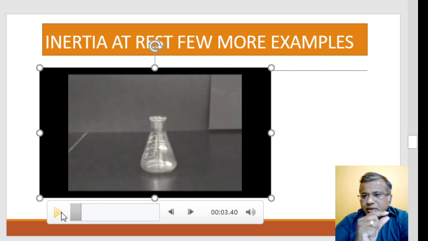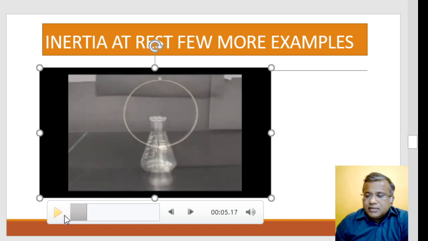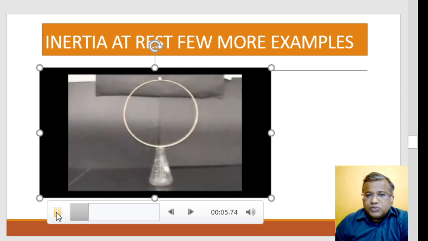When the ring was moved, the object maintained its state of rest because no direct force was acting on it, and because of that, when the ring was removed, the object directly fell.